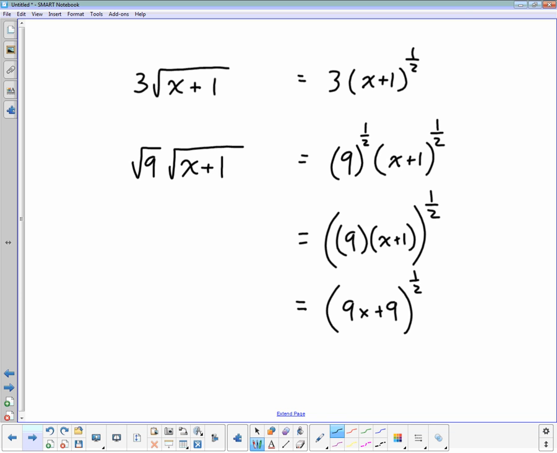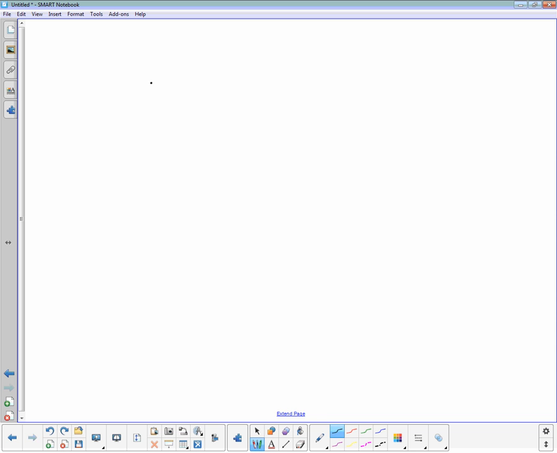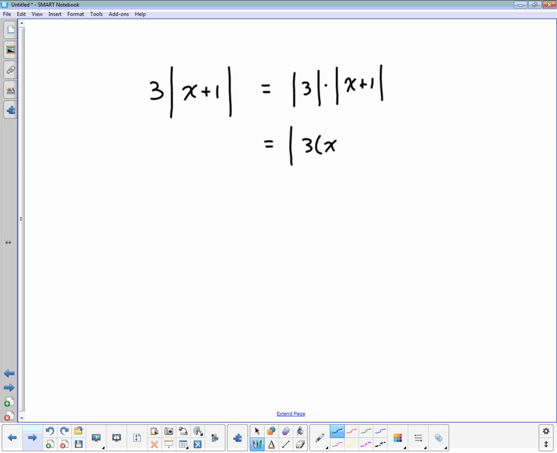For example, okay, if I wanted to push that 3 in, now this is important because if that 3 on the outside was a negative 3, when it gets squished inside the grouping symbol, the properties of the grouping symbol have to be applied.